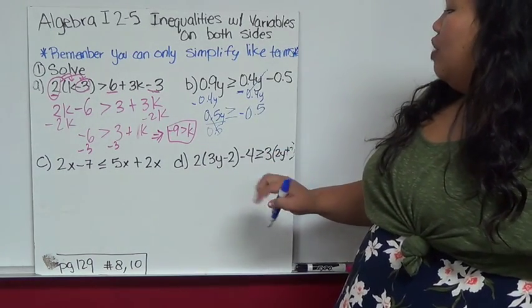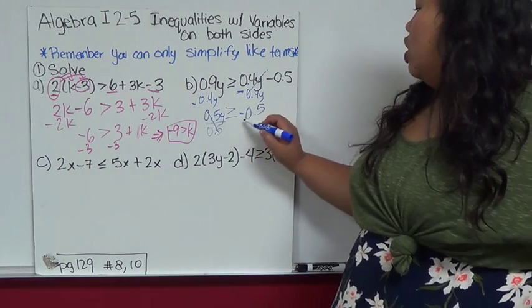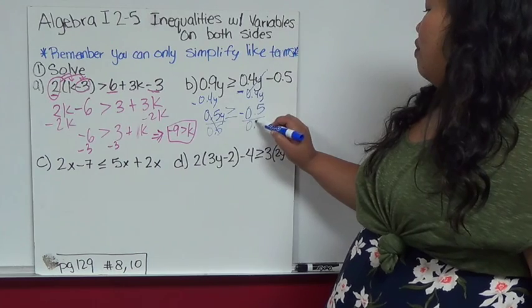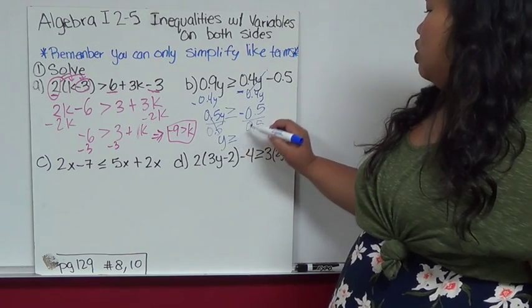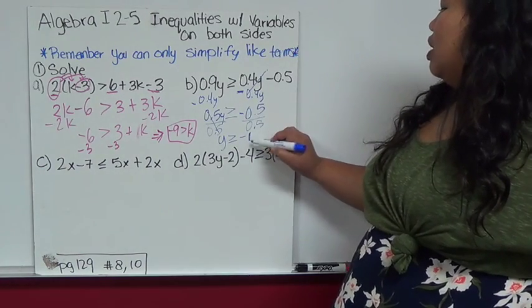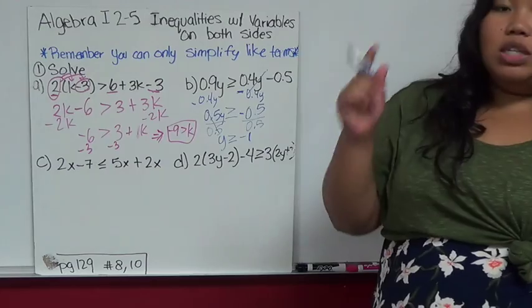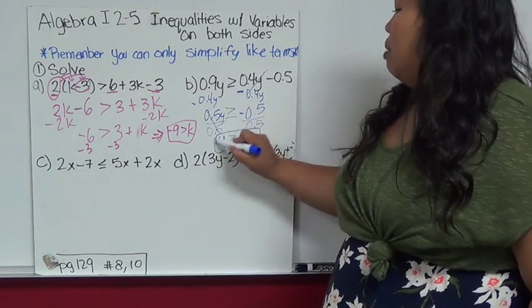If not, I'd have to bring the whole thing over. So divide by 0.5. Y is greater than or equal to, this is a negative, 0.5 over 0.5 is the same thing as 1, because if it's the same top and bottom, it's the same thing as 1. So this is my answer.